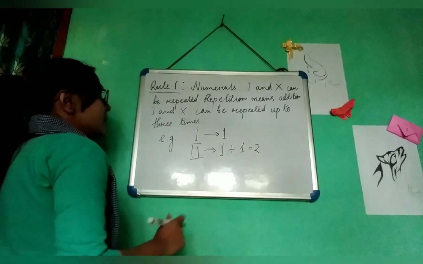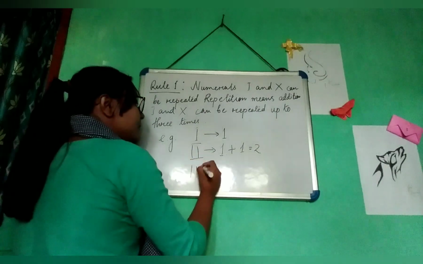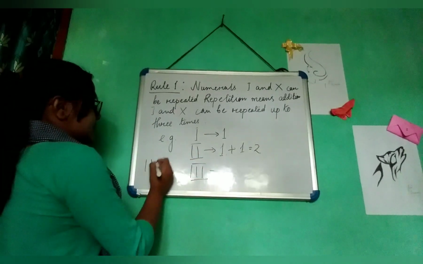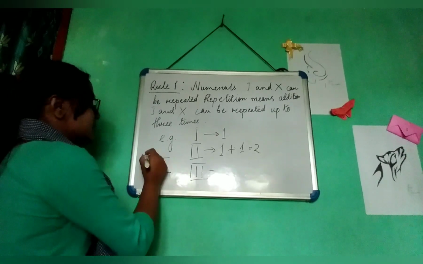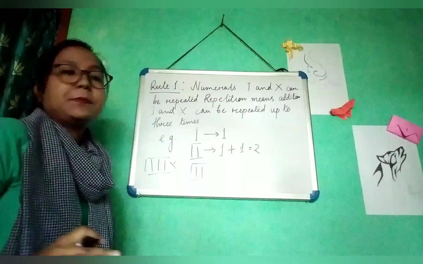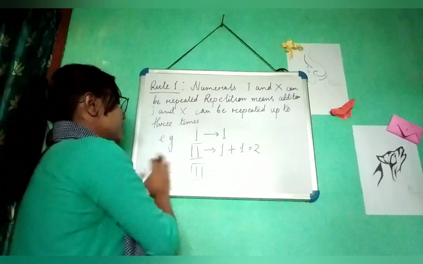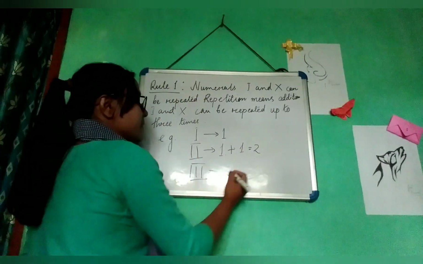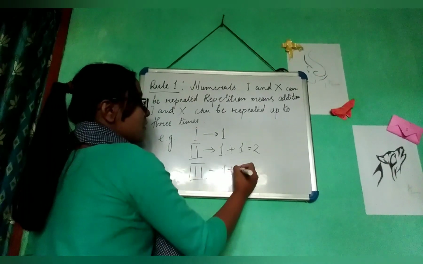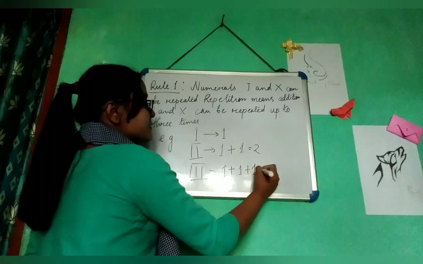It can be repeated till 3 times. If you write it 4 times, it is wrong. So up to 3 times only you can repeat I and X. So that is the first rule. This symbol means 1 plus 1 plus 1, which is 3.